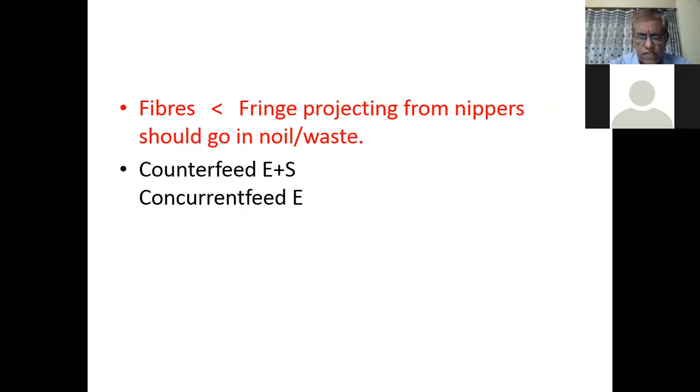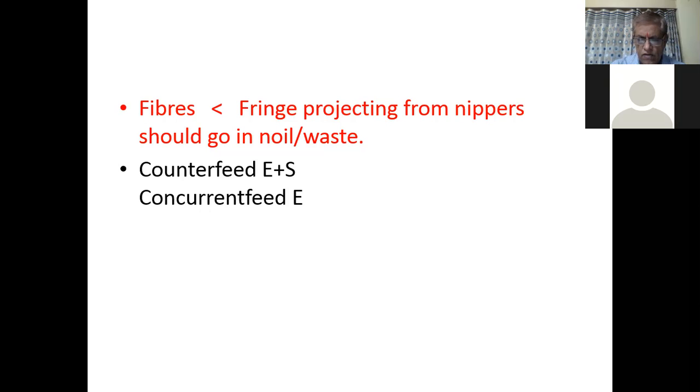The first is that fibers less than the fringe projecting from the nipper should go in noil and waste. We have already studied that the conditions are different in counter feed and concurrent feed. In counter feed, the fringe projecting from the nippers is E plus S, because during the backward journey of the nippers, feeding takes place.